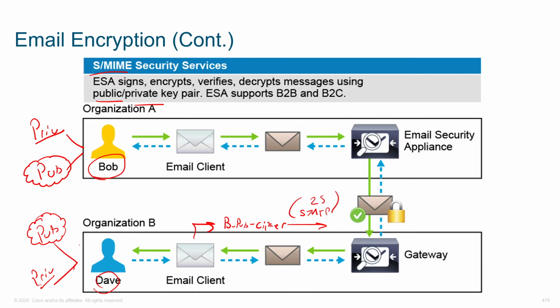We don't necessarily have to leverage SMTPS or TLS connections between mail relays, because the mail itself is encrypted. We're not leveraging the ESA and making it do funny things with envelopes and hold keys, again, because this is between the two users. We can do this from business to business between different relays. We can also do that from business to customer or customer to customer.